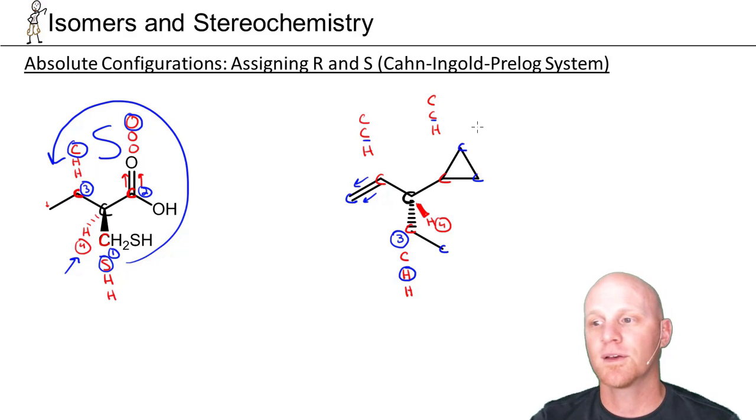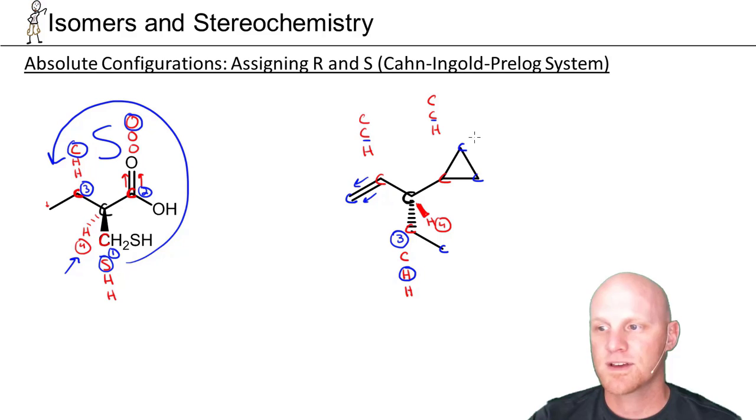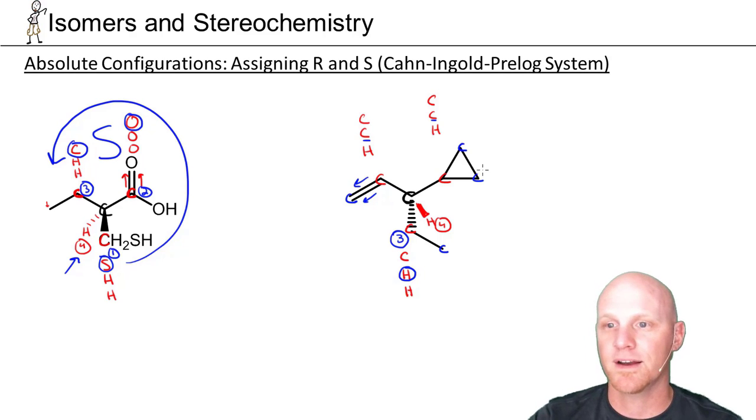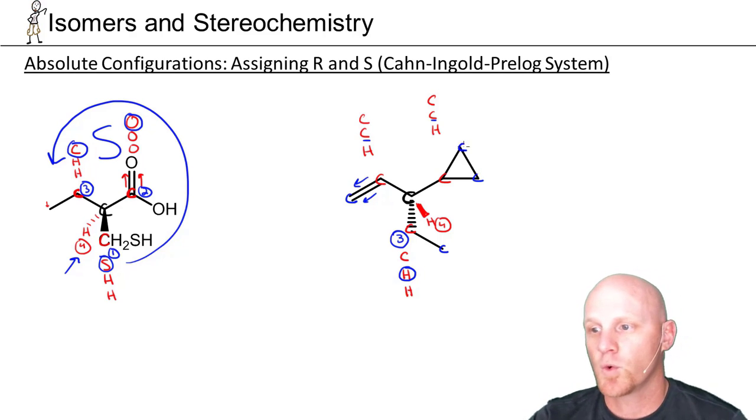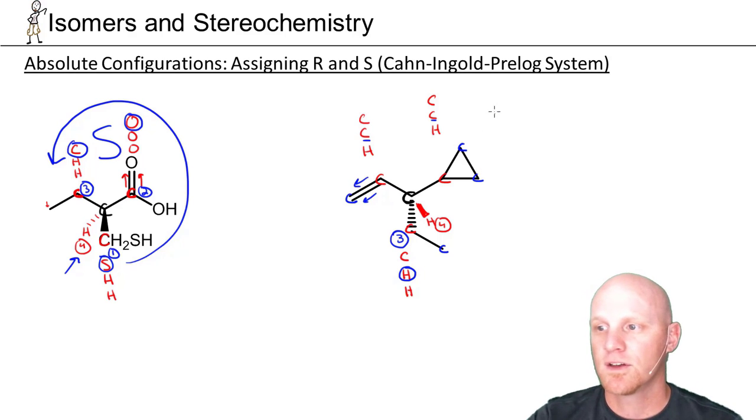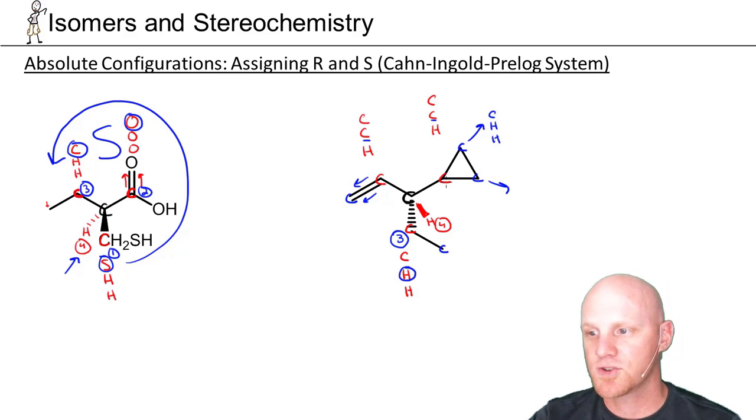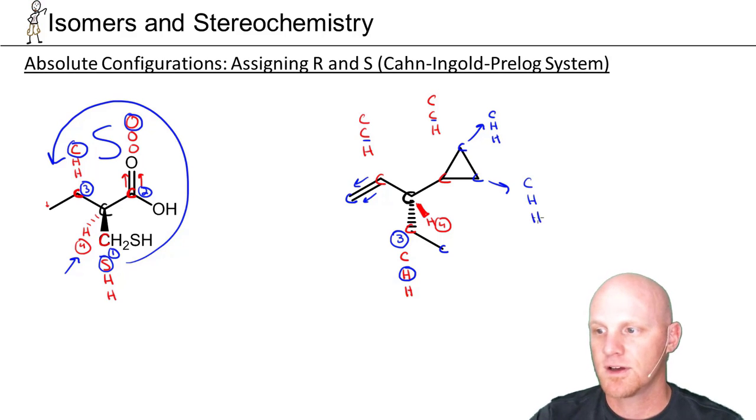So now we've got to take this further. For this one here, we're going to rank these 2 carbons that we've highlighted in blue. This one's bonded to 1 additional carbon and 2 H's, so we'd write C, H, H for it. And this one right here, again, is bonded to 1 additional carbon going around the chain here and 2 hydrogens, so C, H, H. And here's where things are going to get a little bit tricky.